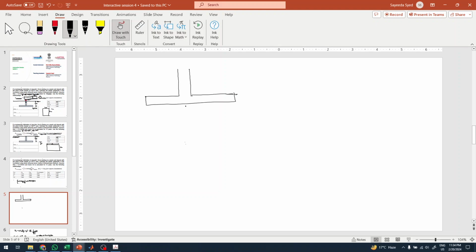What we do is we assume that below this foundation, most of the effect of the load of the foundation will obviously be in this area.